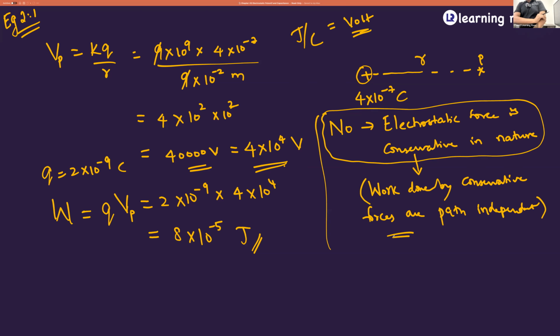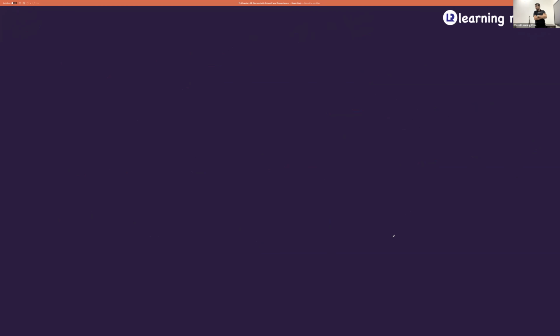Next. So look at example 2.2. What does it state? So this is an important question. Two charges, 3 into 10 power minus 8 coulomb and minus 2 into 10 power minus 8 coulomb, are located 15 centimeter apart.